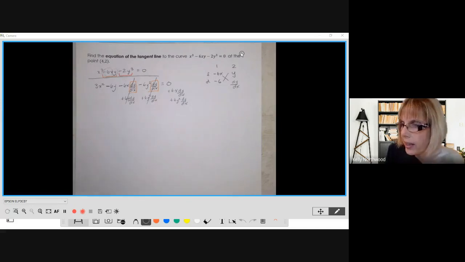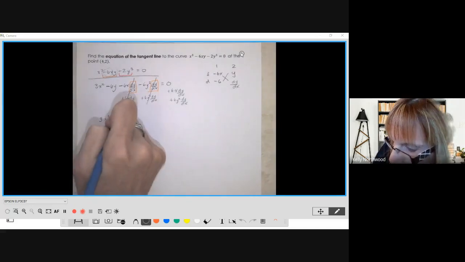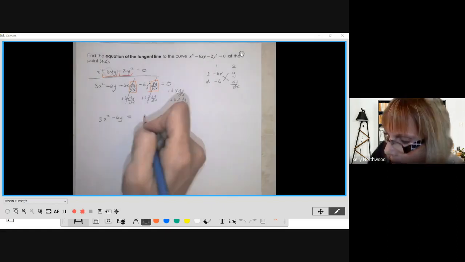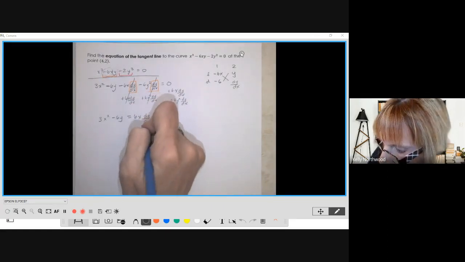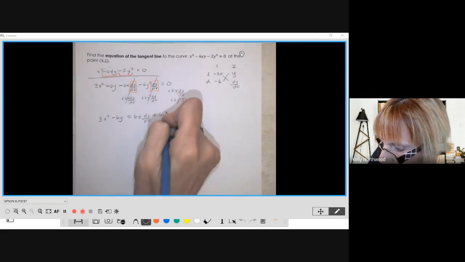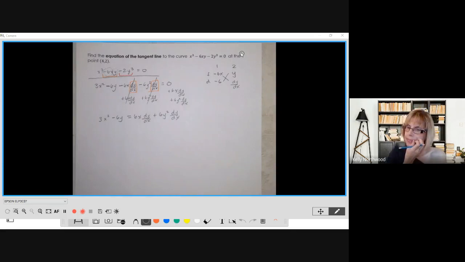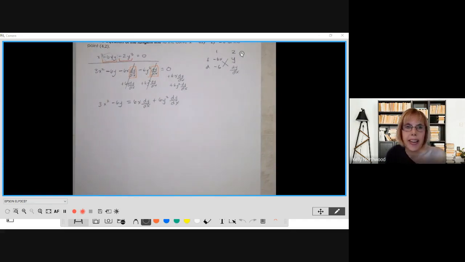So on the left side, I've got 3x squared minus 6y. And on the right side, I've got 6x dy/dx plus 6y squared dy/dx. When I have a choice, I like to have positive signs, but it's still the same answer, it's up to you.